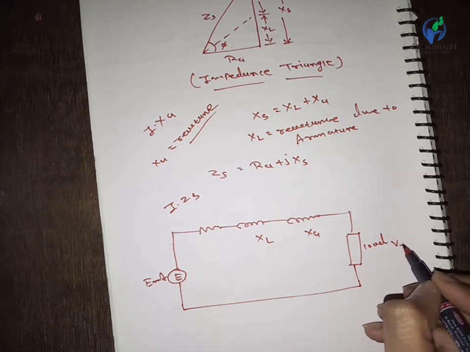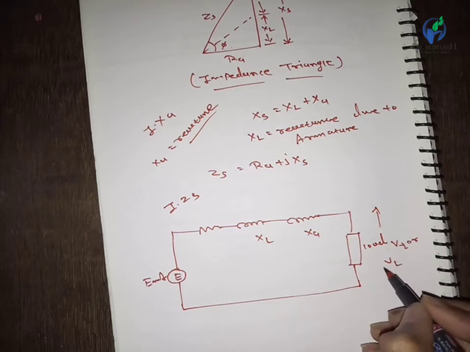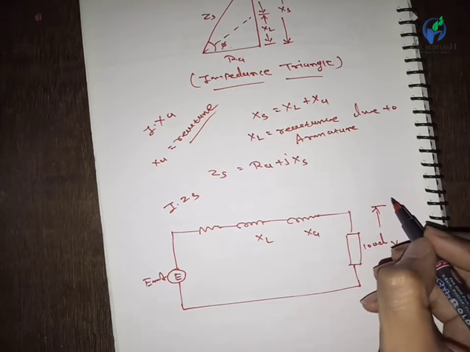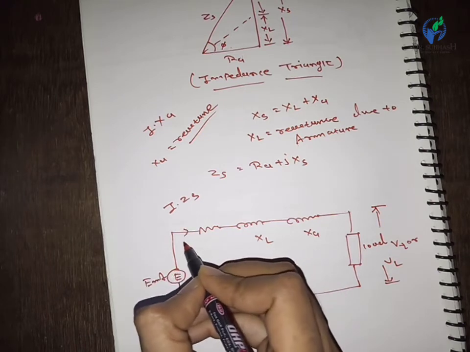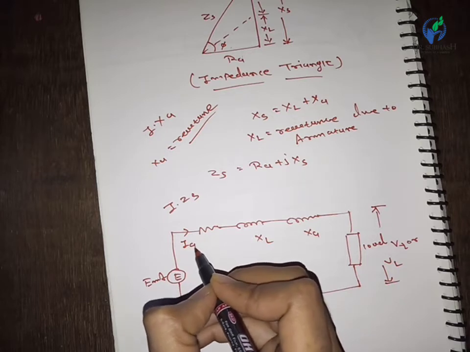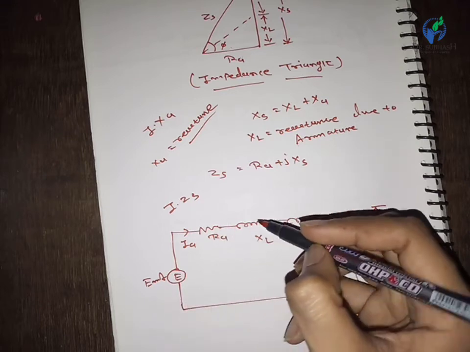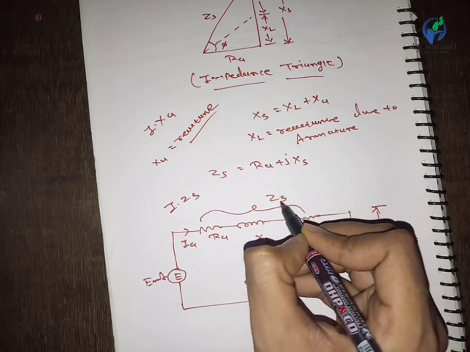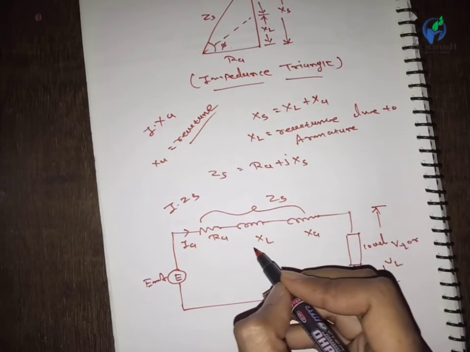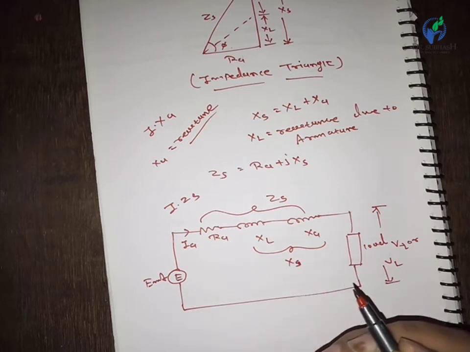The load voltage is represented as VT or VL. When the EMF is applied, the current in the circuit is IA. The resistance is RA. All these parameters together are ZS, and XL and XA together are XS.